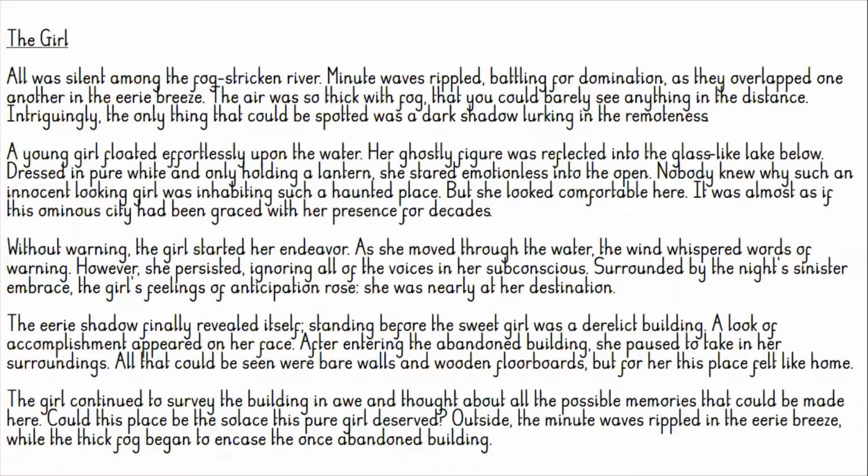Her ghostly figure was reflected into the glass-like lake below. Dressed in pure white and only holding a lantern, she stared emotionless into the open. Nobody knew why such an innocent-looking girl was inhabiting such a haunted place, but she looked comfortable here. It was almost as if this ominous city had been graced with her presence for decades.